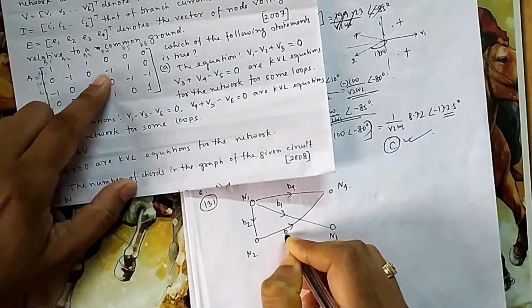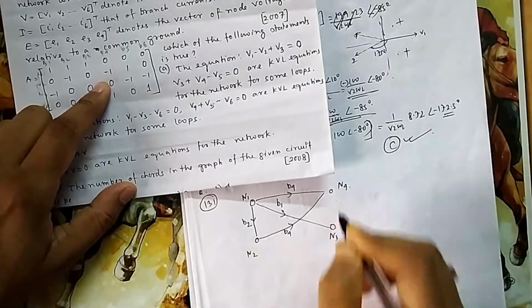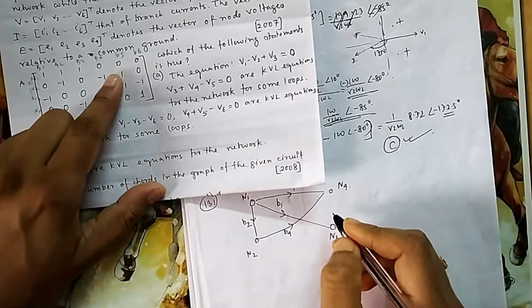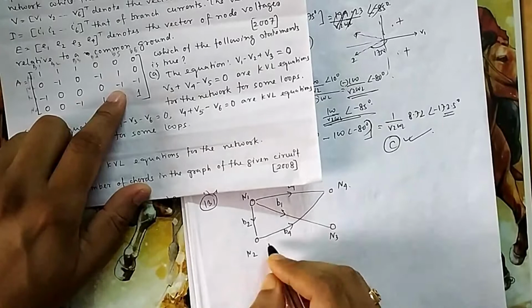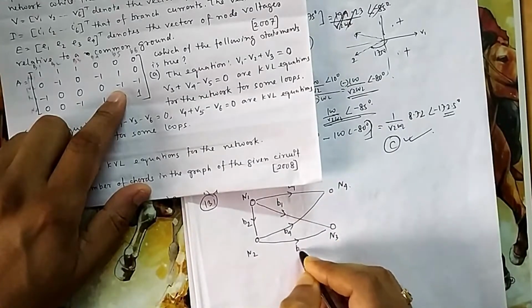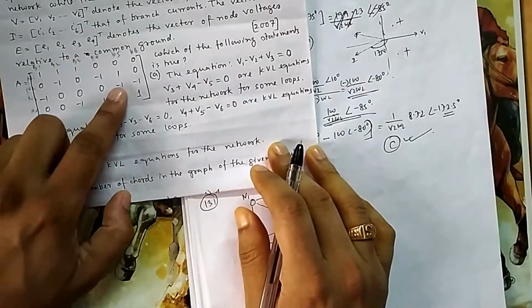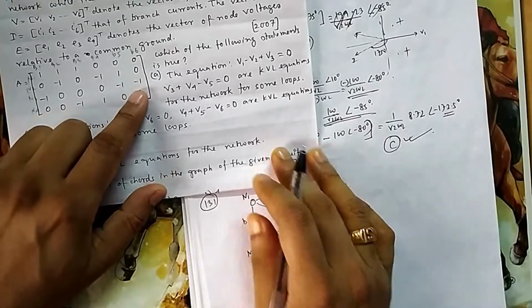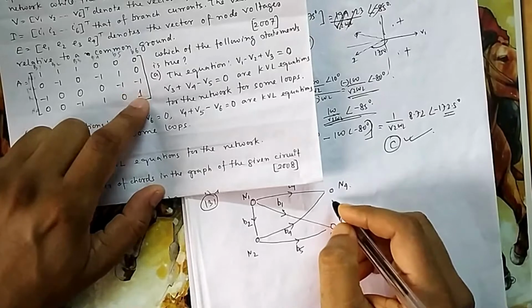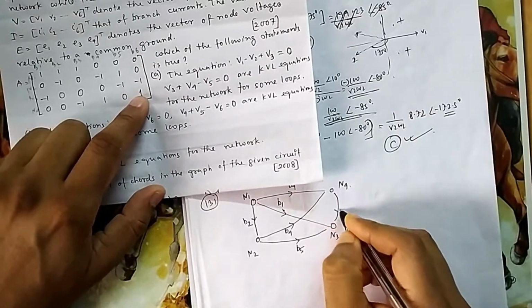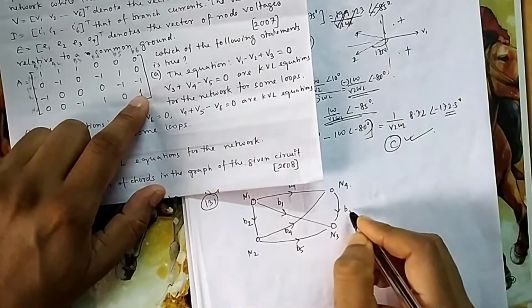This is branch 4. Branch 5 is coming out of node 2 and it is entering node 3. This is branch 5. And then branch 6 is coming out of node 4 and it is entering node 3. This is your branch 6.